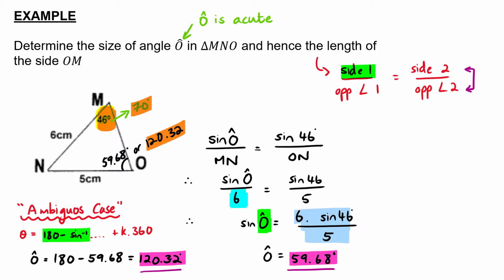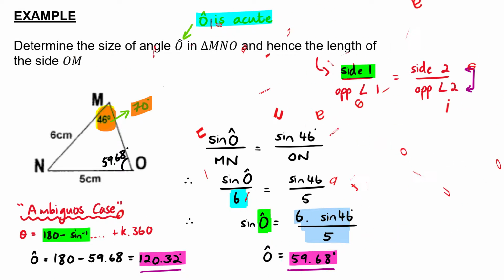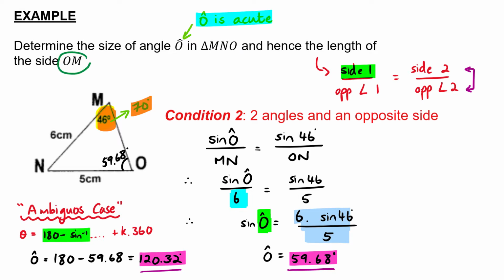So that brings us on to the second part of the question then. And in this case, we're going to take that O is an acute angle. Okay, and that means that we will be using that 59.68 as our answer. And so if we wanted to then work out the length of side OM, we would need to have the opposite angle of OM in order to fulfill our conditions.